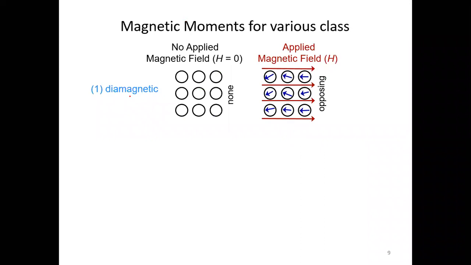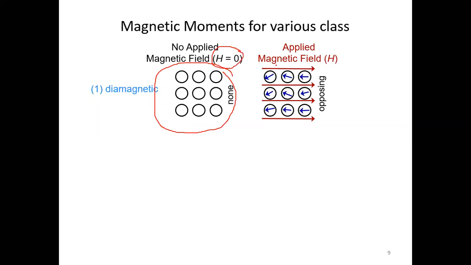As we have discussed earlier, in the case of diamagnetic material, in the absence of a magnetic field, there is no magnetic moment. In this figure, atomic magnetic moments are shown. Look at the diamagnetic material: there is no magnetic moment when the applied magnetic field is zero.